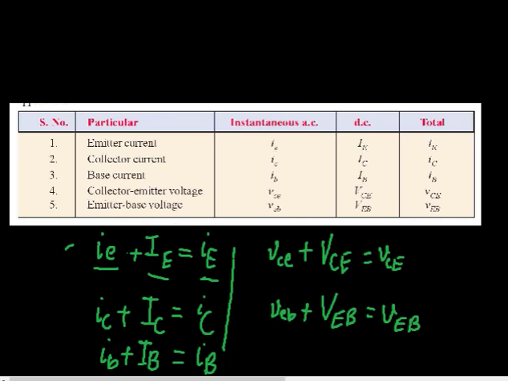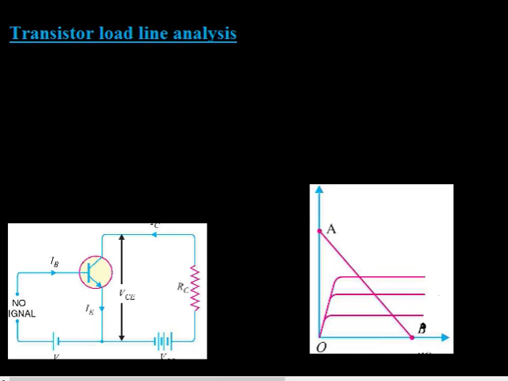The output characteristics provide, in the case of a common emitter transistor connection, the variation of collector emitter voltage with the corresponding collector current IC at constant base current IB.